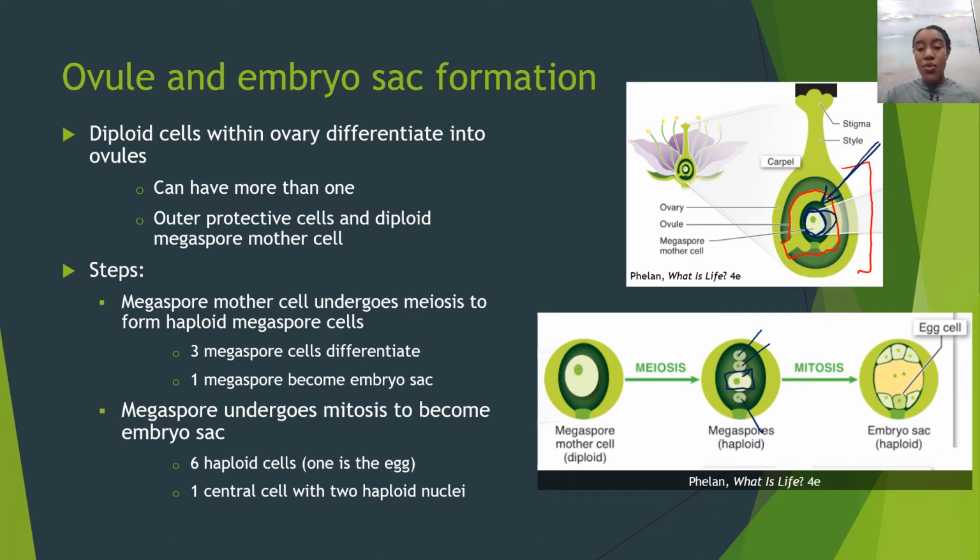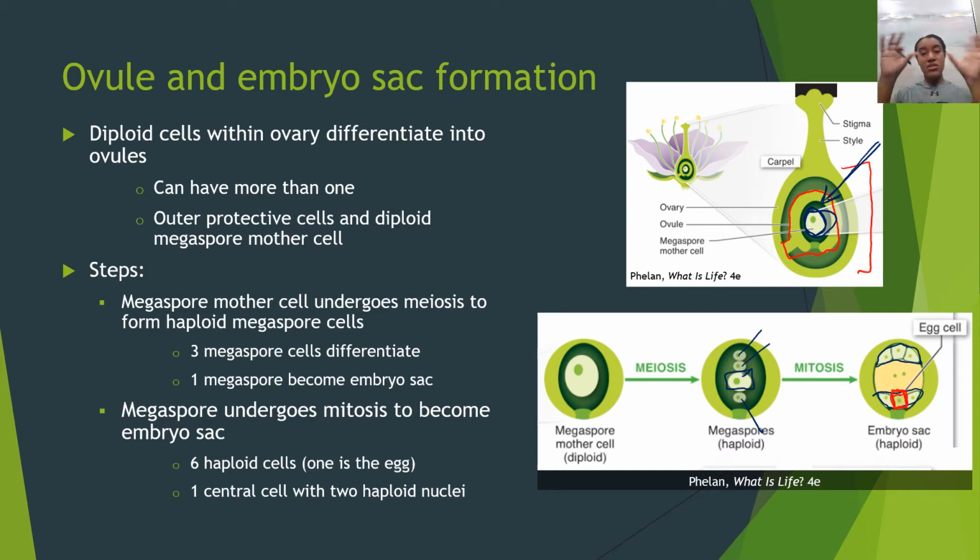So this 1 megaspore cell, the one that goes on to give rise to the embryo sac, will then undergo several rounds of mitosis, resulting in 8 nuclei. So we'll have our 6 cells on the periphery, and of the cells on the periphery, the one that matters the most is this guy here, which is our egg cell.